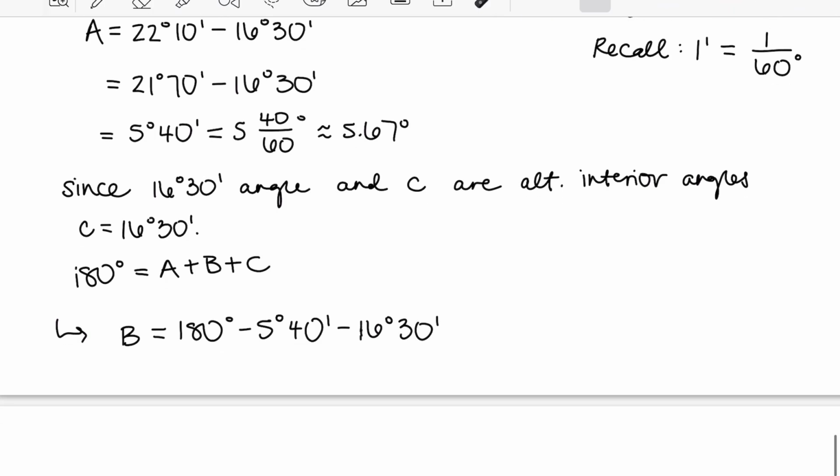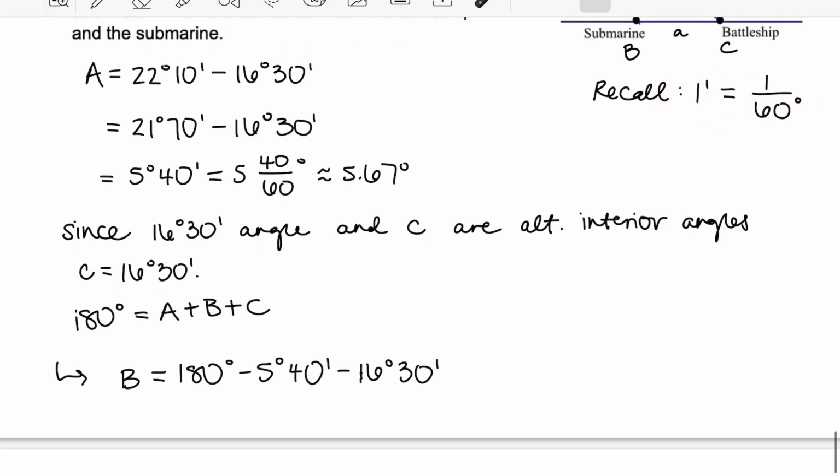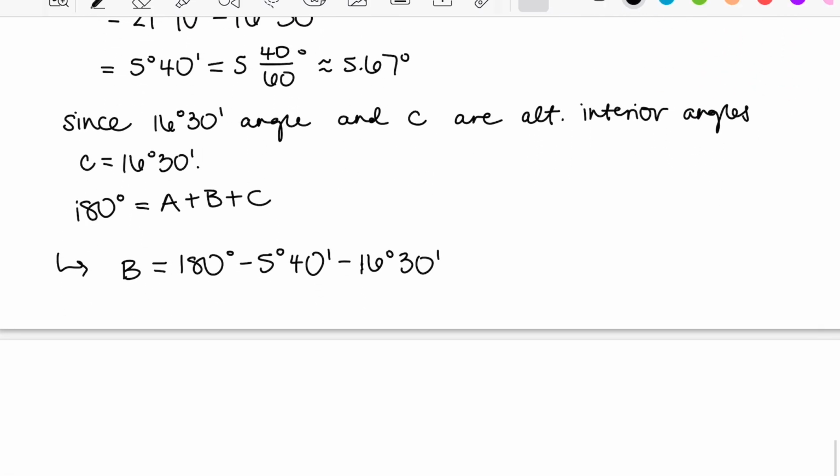Now in this case, we want to rewrite this so that we can subtract our degrees and subtract our minutes, just how we did in this example here. And we're using this fact. So we can rewrite this as 179 degrees and 60 minutes, and so we're subtracting out these two angles here.